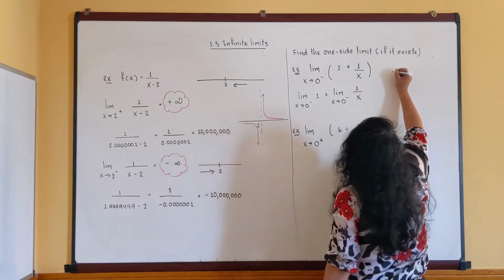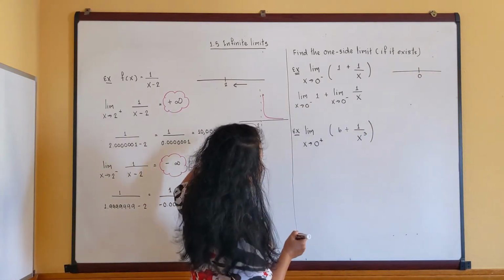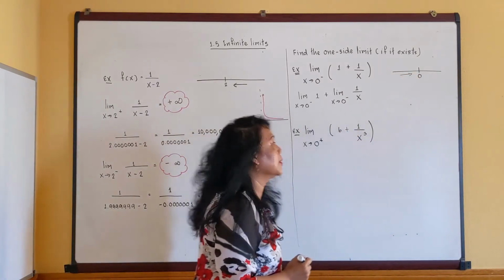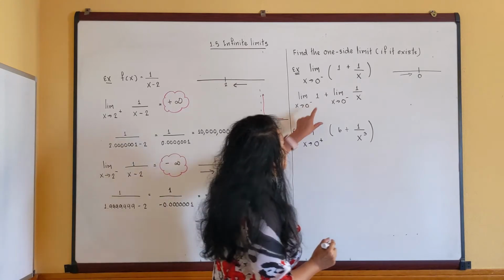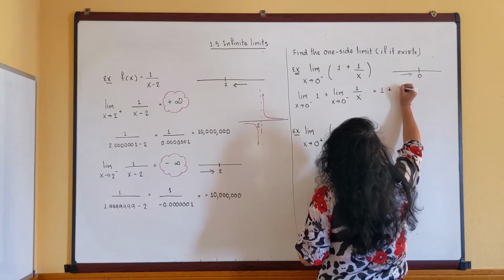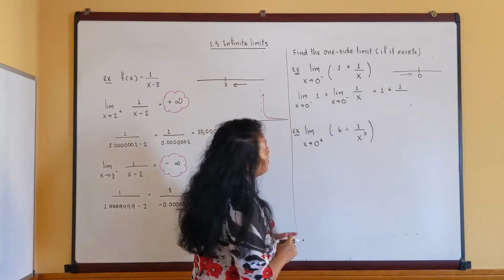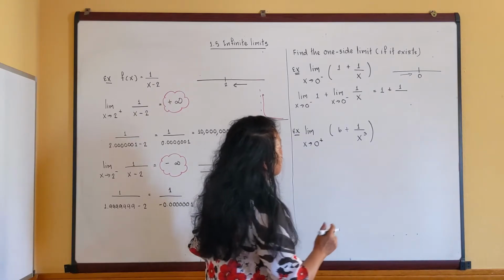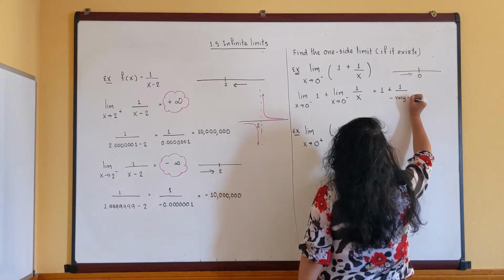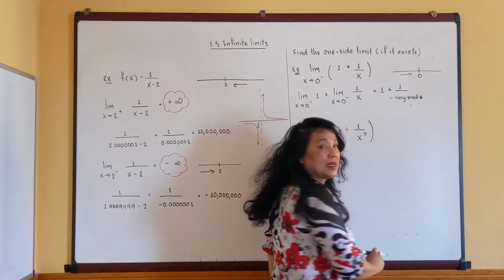Let's look at our graph. 0 is over here, and from the left, we go this way. From the left, the first term here, I'm just going to get 1. The second term, I'm going to have 1 over a number from the left, so it's going to be a very small negative number.